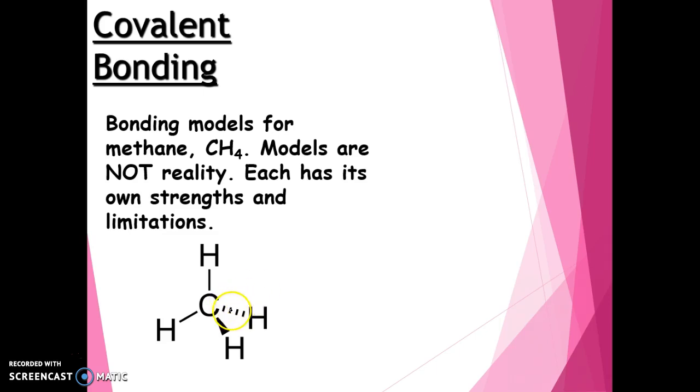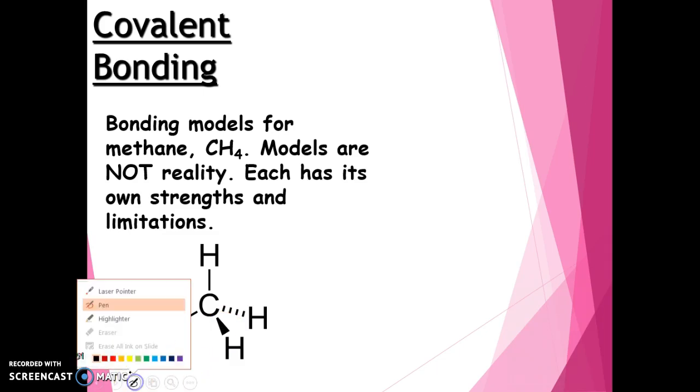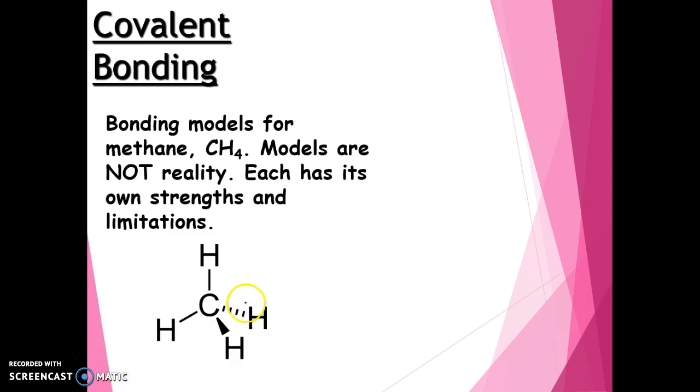If we look at these, we can see pretty clearly that we have some different ways to represent bonds, and each of these represents a pair of electrons. The way they're represented has to do with orientation in three-dimensional space. This is trying to show that this bond is back, this bond is also back, and this bond is coming out forward while this bond is going straight up. So that has its strengths.